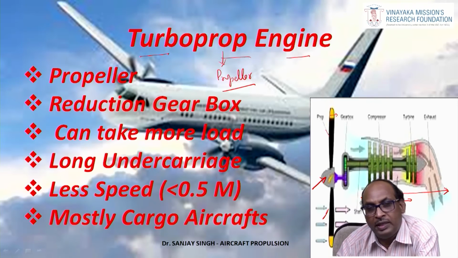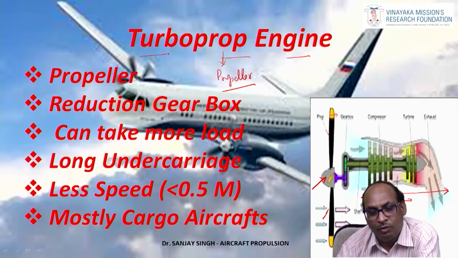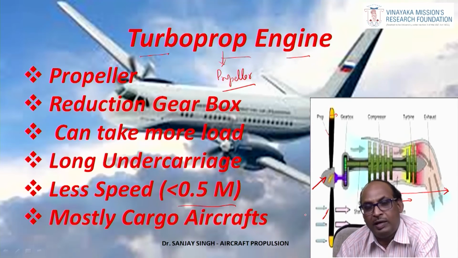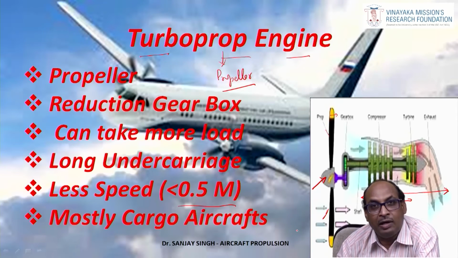So this turboprop engine is not suitable for moving at higher speed. We can operate it well below 0.5 Mach only. But it is much more suitable to carry heavy loads.